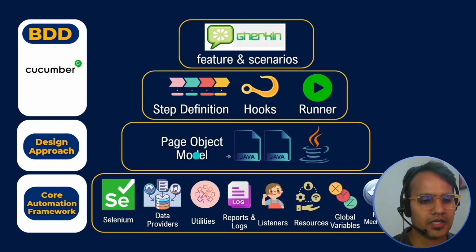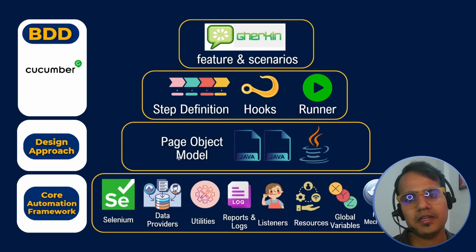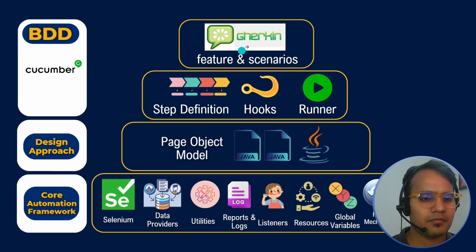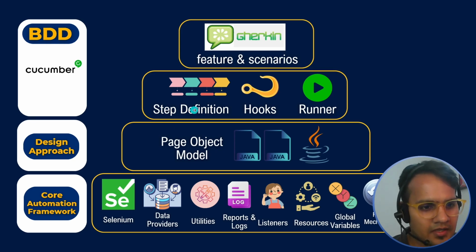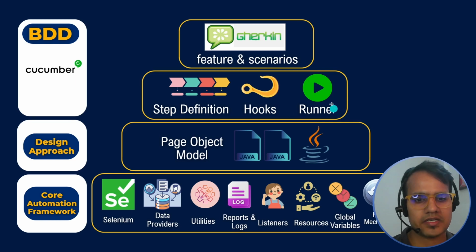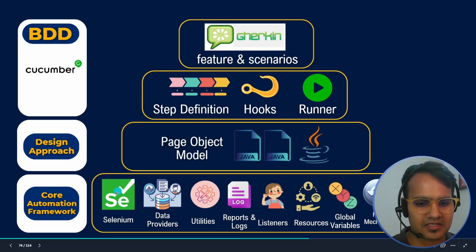Page objects we need to create differently, because obviously the web pages will be different. Step definitions will also change, because we are going to write different scenarios. Hooks will also change, and the runner may be the same, but there could be changes in these three layers. The rest of the layers will be the same.